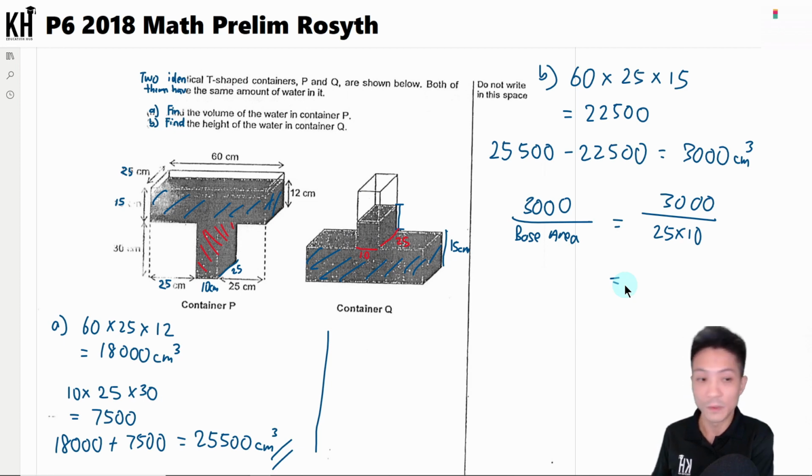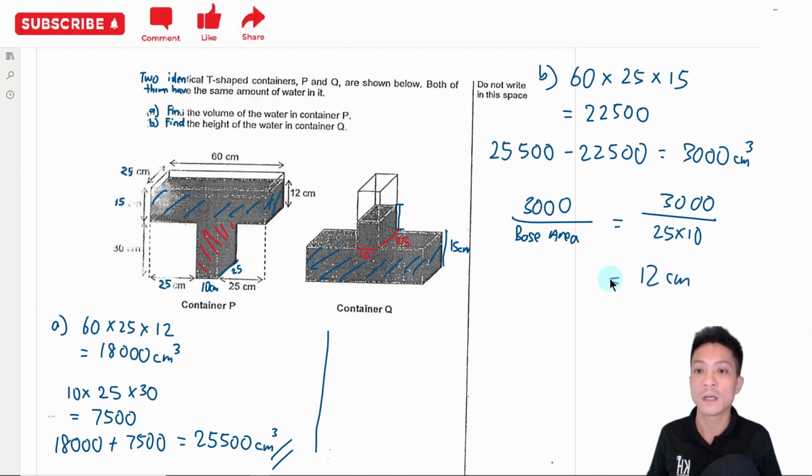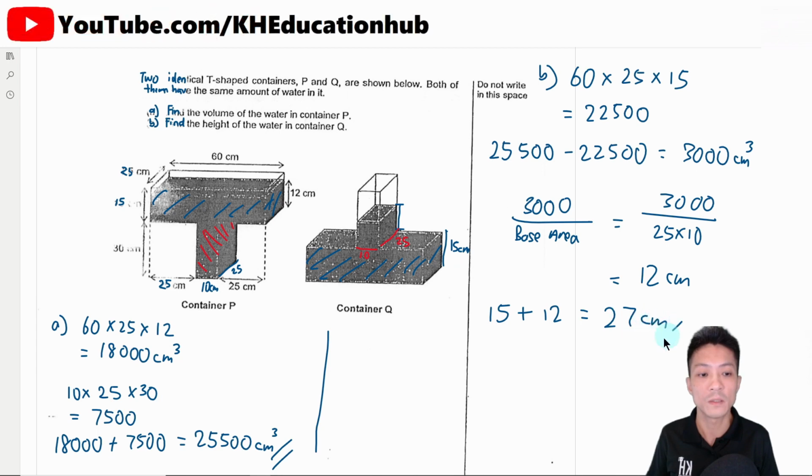This will give me 3,000 divided by 250, which is 12 centimeters. So to find the height of the water in Q, I just need to use 15 cm plus 12, which is 27 centimeters.